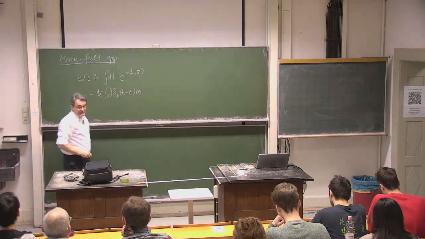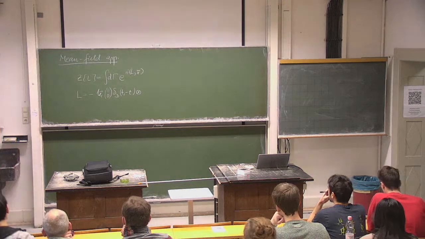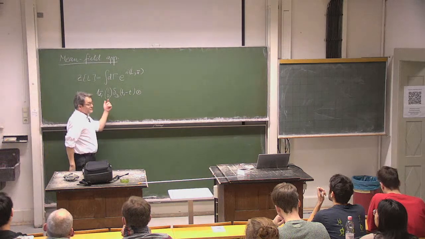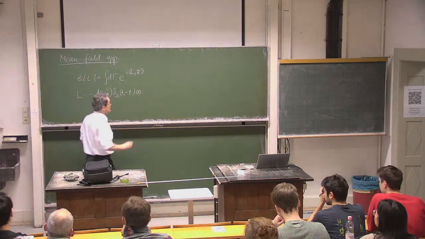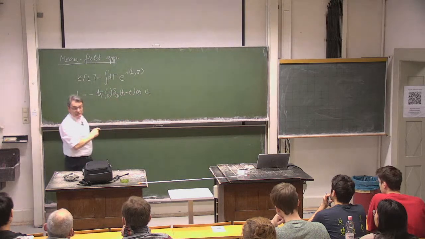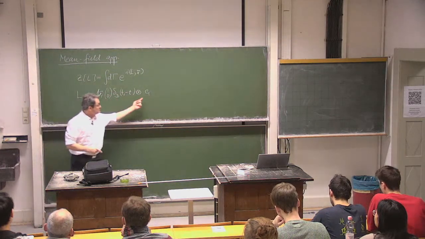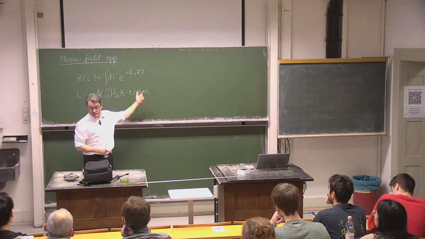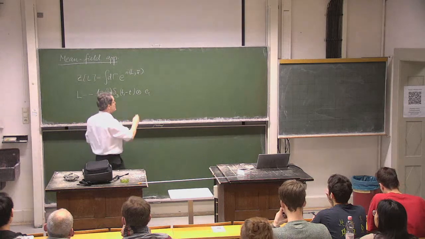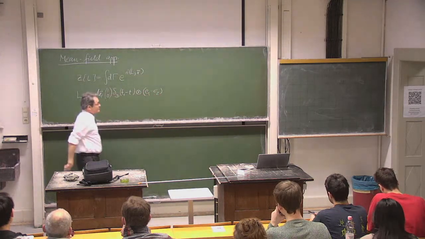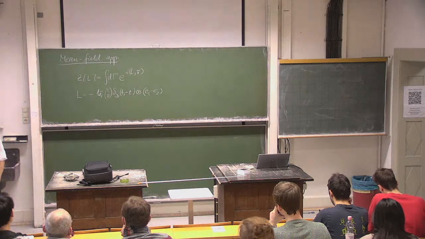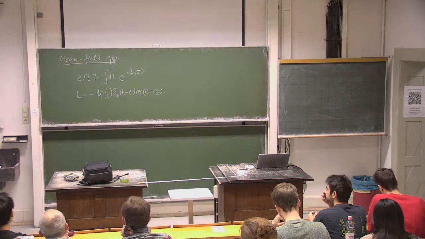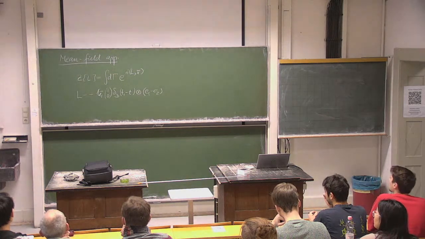And now I need to say which particles are shifted in this way. Since I have two density operators applied, there must be two particles. Now, usually I should have k1 times vector e1 plus k2 times vector e2, but k2 is minus k1 because they need to add up to 0. So I can just write this e1 minus e2, and then we have our shift tensor complete. All right. Are you fine with this? Okay.